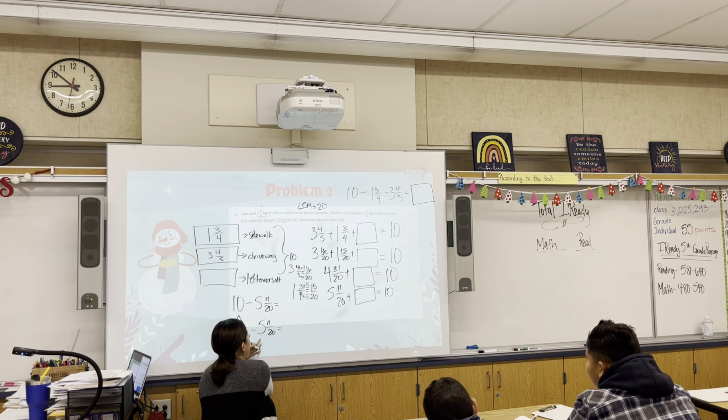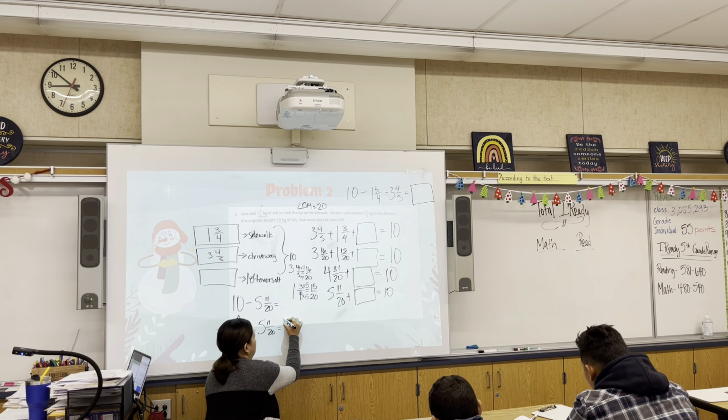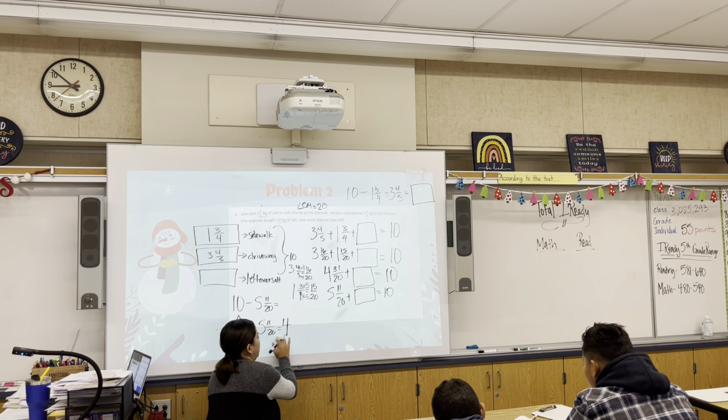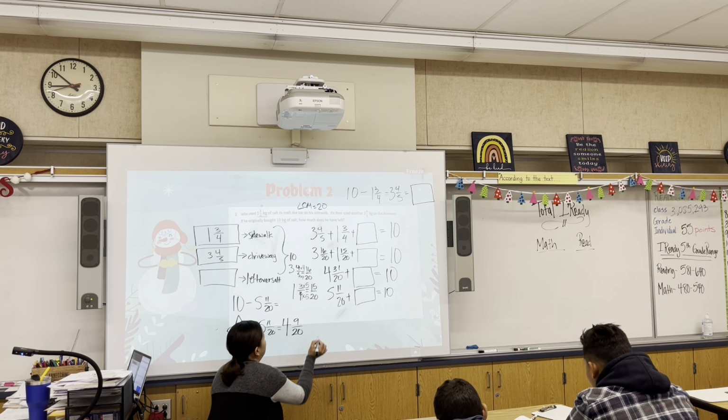I subtract my whole numbers, it's what? 4. And then 20/20 minus 11/20 is? 9. Good.